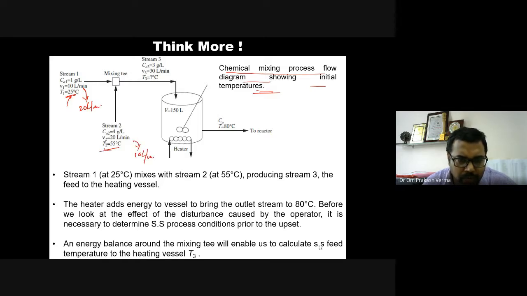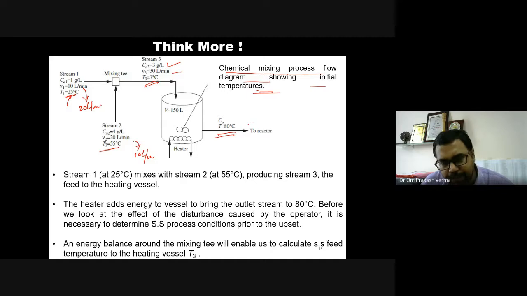Now we want to analyze how the temperature is going to change. Okay, so this is the Ca3. Now we have already calculated Ca3 is 3 gram per liter, V3 is 30 liter per minute, 20 plus 10 initially, and T3 we don't know. However, for the final we want T to be 80 degrees Celsius.